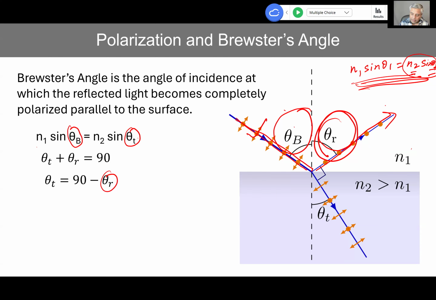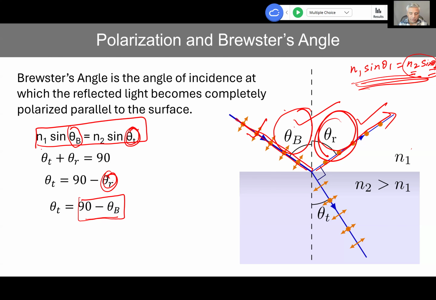They follow the reflection law. So I can replace theta r by theta b. If I replace theta t by 90 minus theta b in this equation, the only angle we're going to have is theta b.